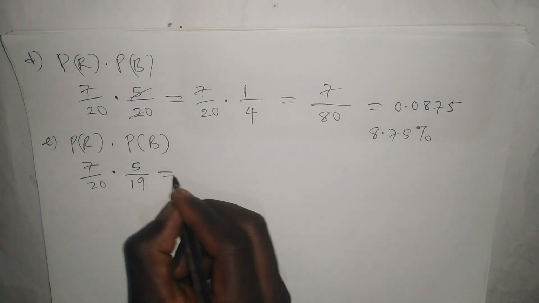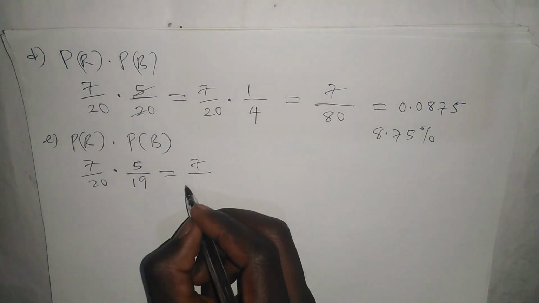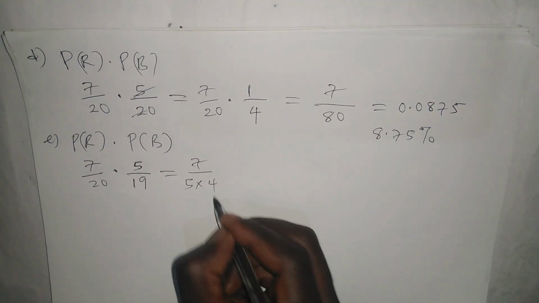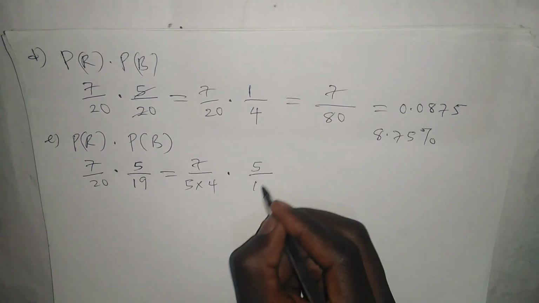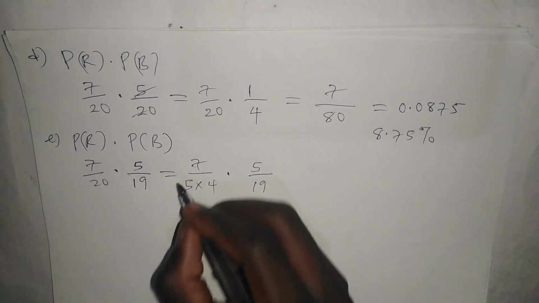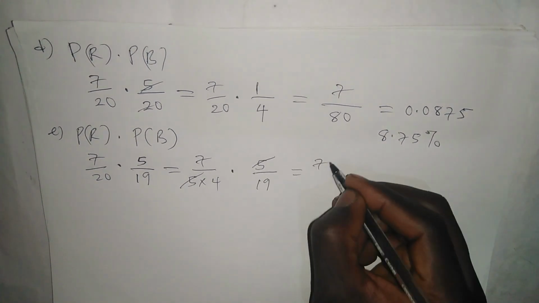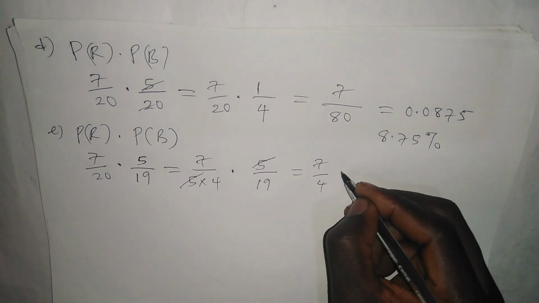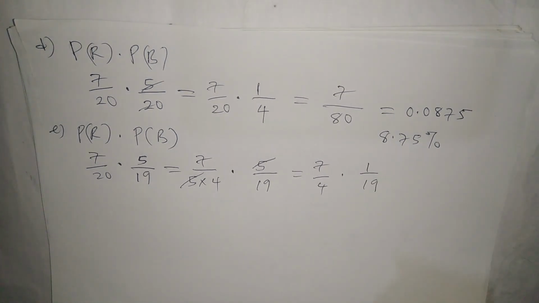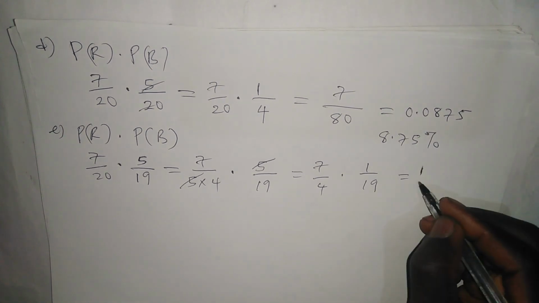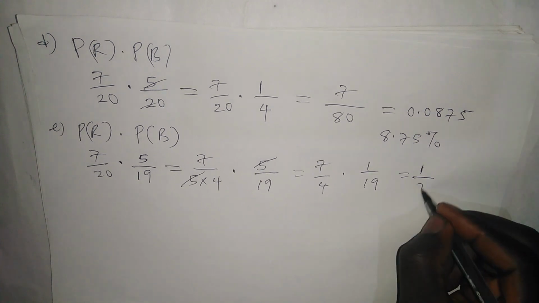Now we have 7 marbles for 20. We know that 5 multiplied by 4 is 20. Multiply by 5 all over 19. Right? So 5 will cancel 5. Therefore, what we will be left with is 7 all over 4 multiplied by 1 all over 19. 7 times 1 is 7, and then 4 multiplied by 19, we have 76.